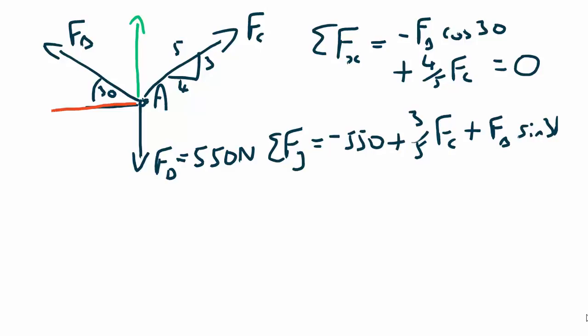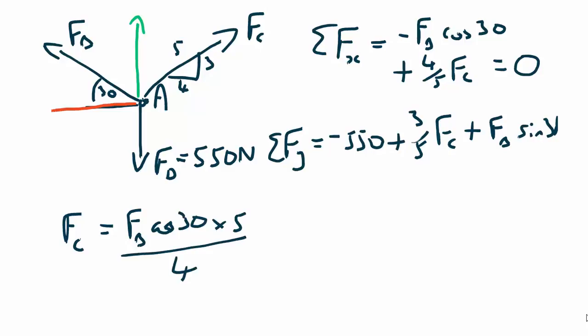I'll get everything in terms of FC. So FC, rearranging the top equation, equals FB cos 30 times 5 and divided by 4.